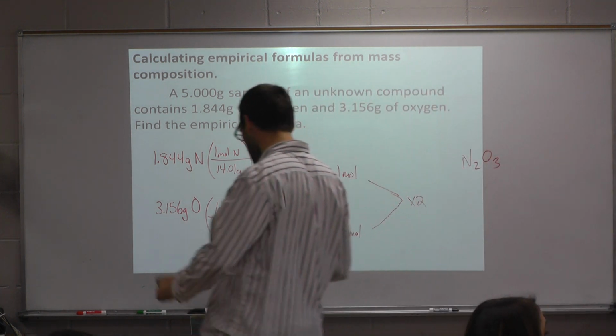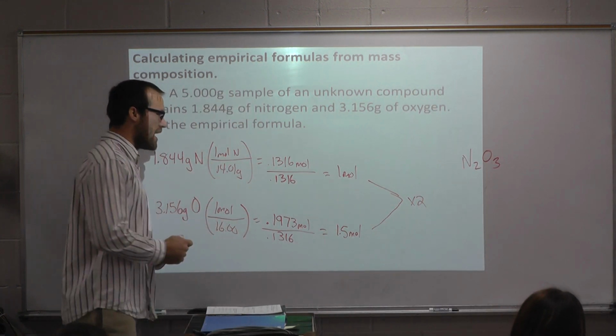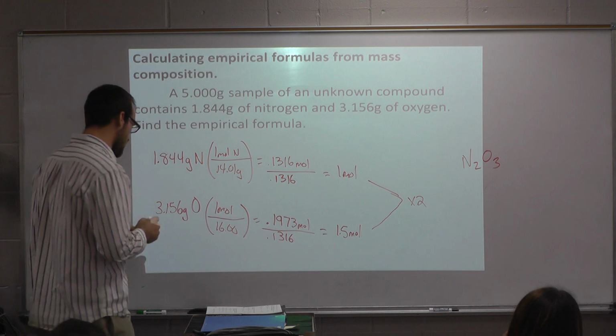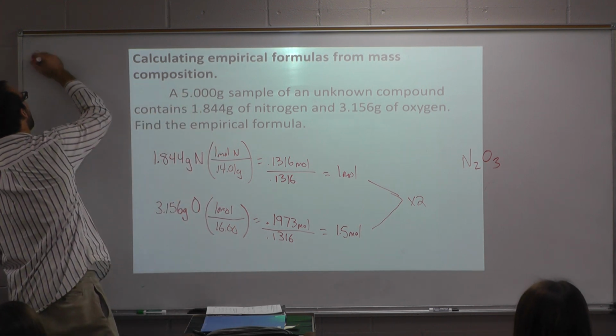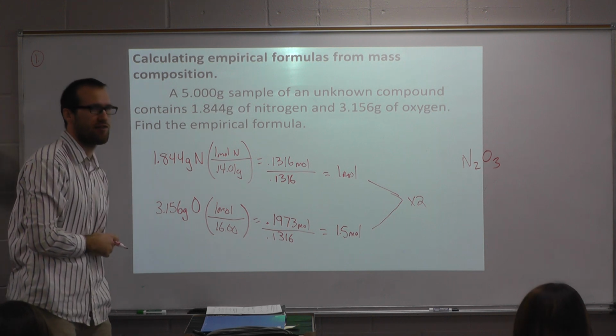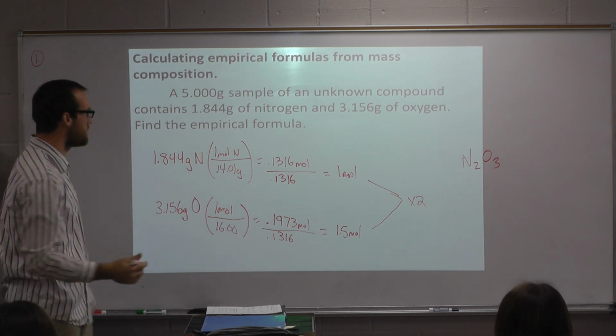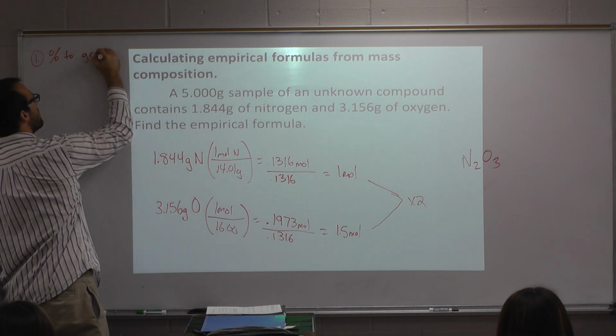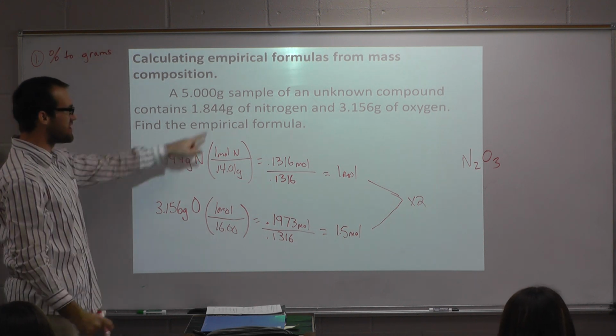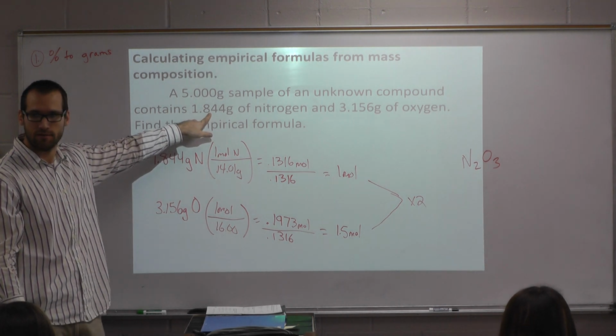Okay, we've got 13 minutes, so let me do a quick step-by-step analysis of what you would need to do. The very first step would probably be percent to grams, unless they just gave you grams.